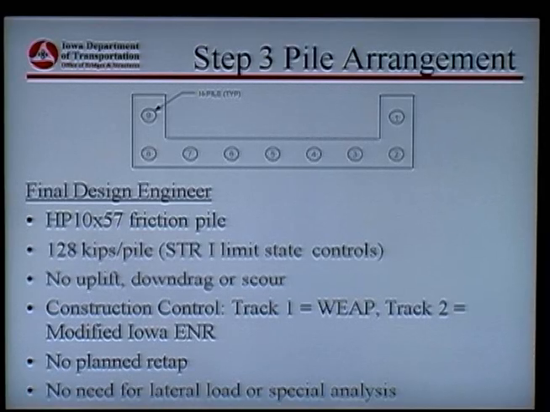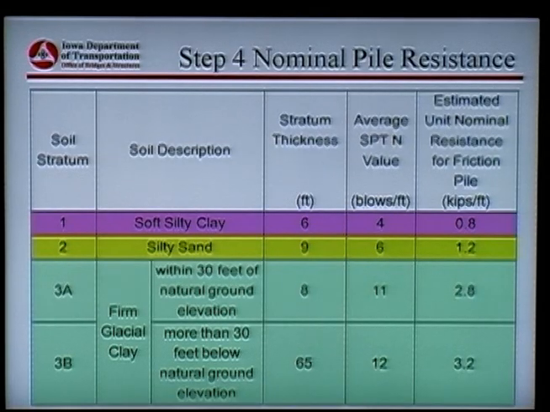No need for special analysis or to account for lateral load. So this is again the same table shown in track 1. You have the thickness of each layer, and then you have the N value, and then again you have the unit side friction that you selected from the Iowa design chart.